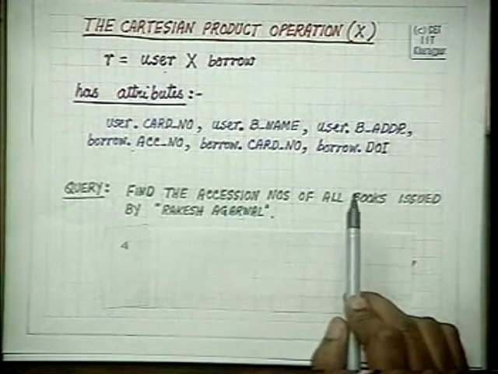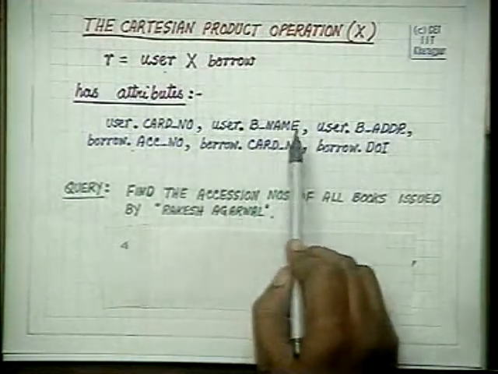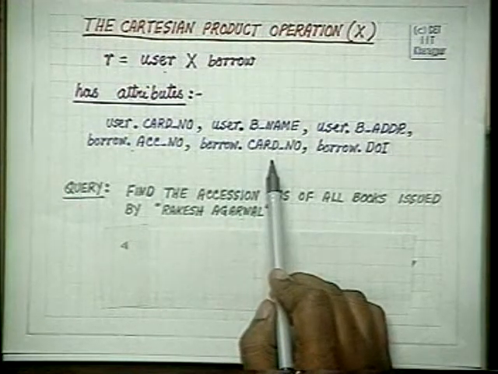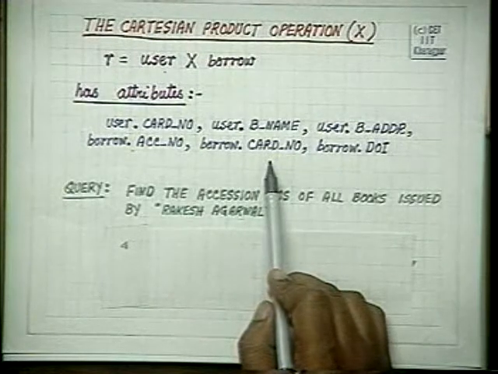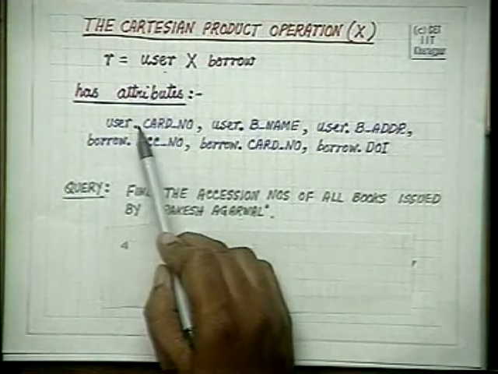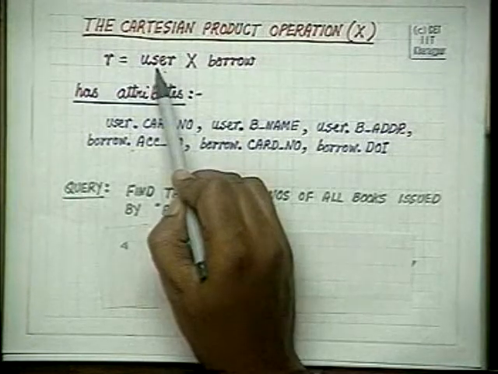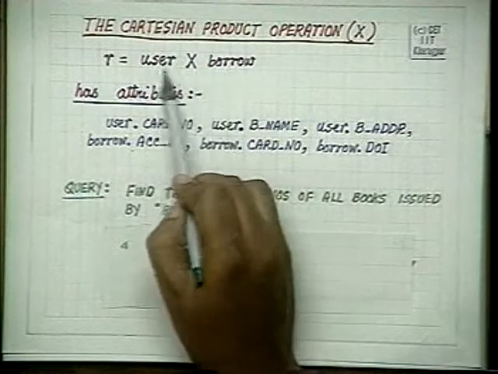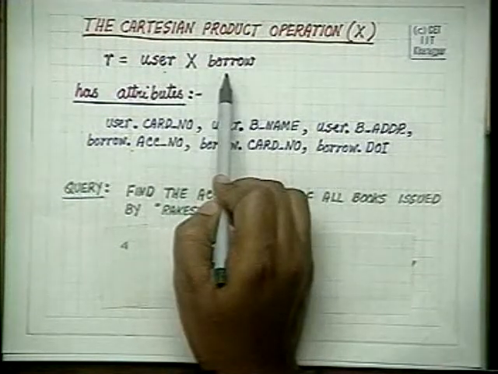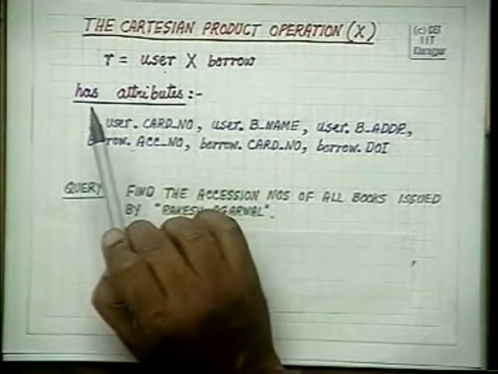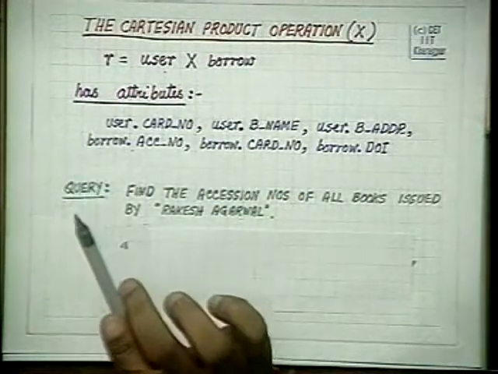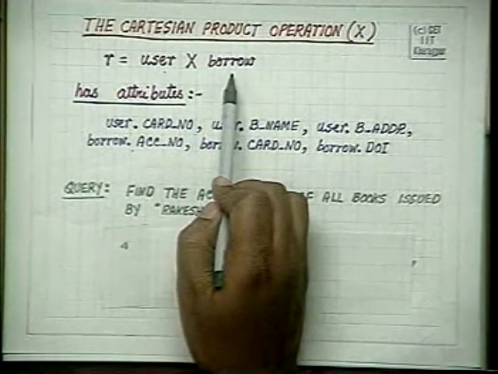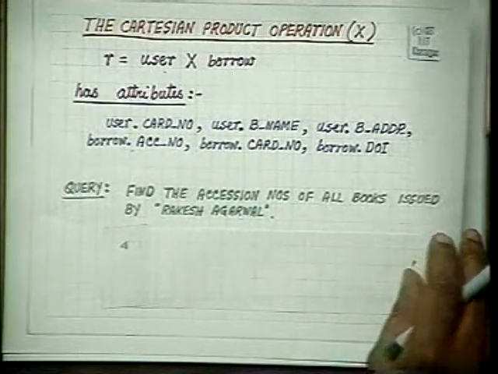Now in this, I will have a combination of card number F53 with card number F35, and that is of no use to me. I do not want any combination. What I want is those users and those people who have borrowed to have the same card number. If they have the same card number, only in those places will I look at the accession numbers. In the places in the Cartesian product where the card number is different, I am not really interested because that is not relevant to me.